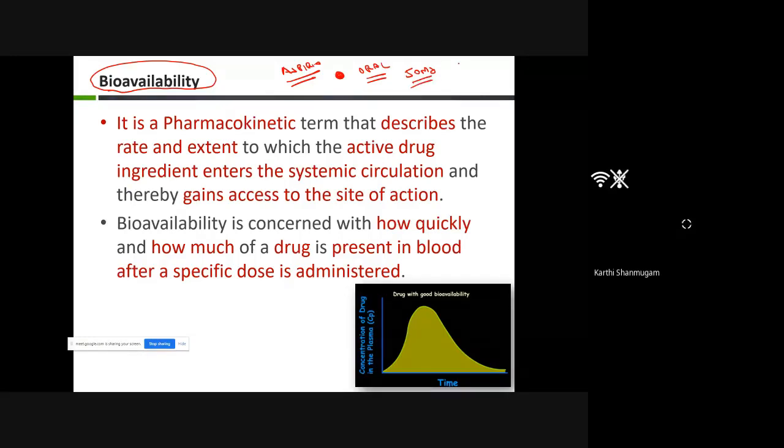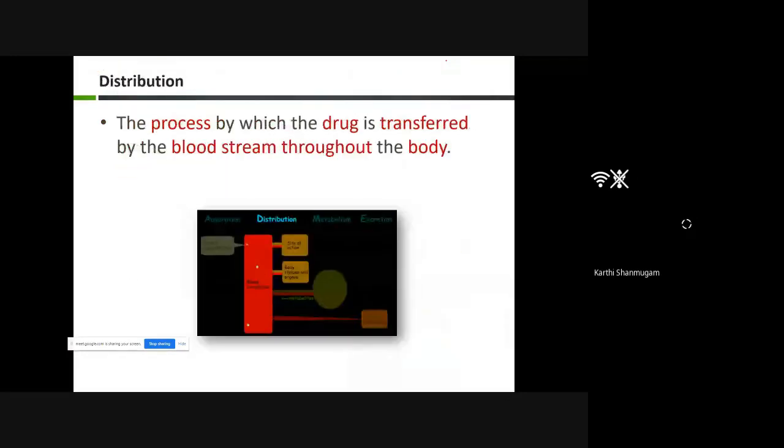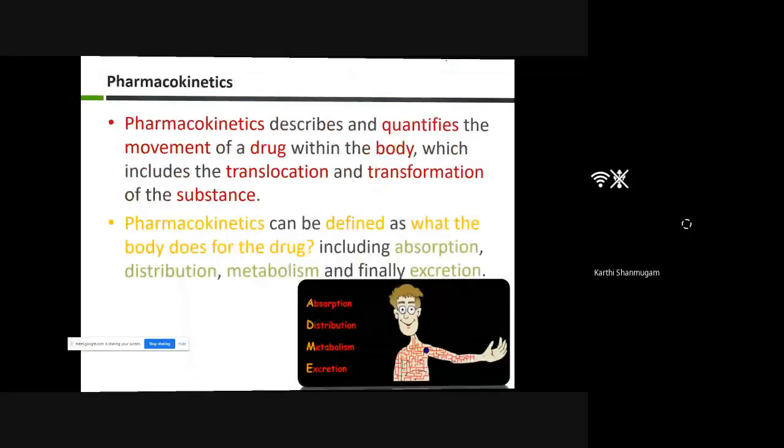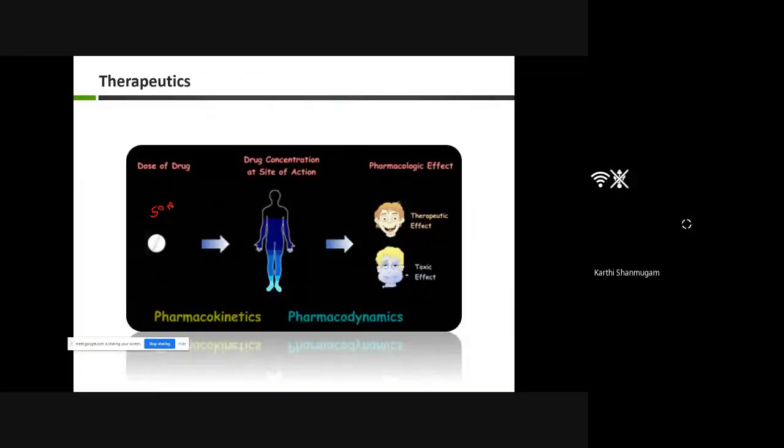Again, I go back to this slide. The dose here is 50 mg of the drug molecule aspirin. So the question is, if we take 50 mg of aspirin orally, how much amount of the drug molecule will be present in the circulation?